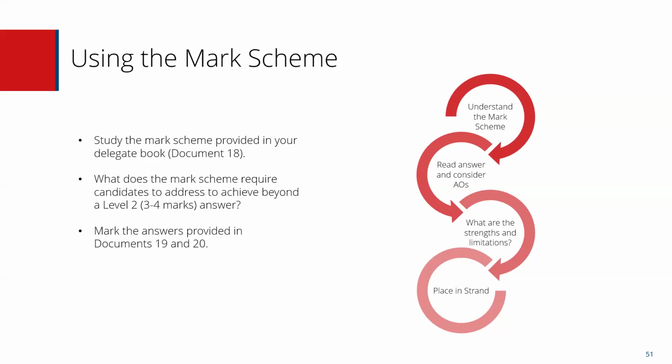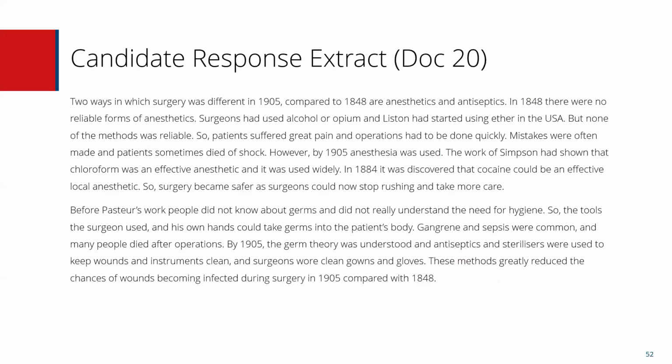So the document 20, which I can put on the slide for you here. I think you've got it all there. I don't think I cut any off. Okay. This answer clearly explains differences between 1848 and 1905 by looking at 2 key areas.